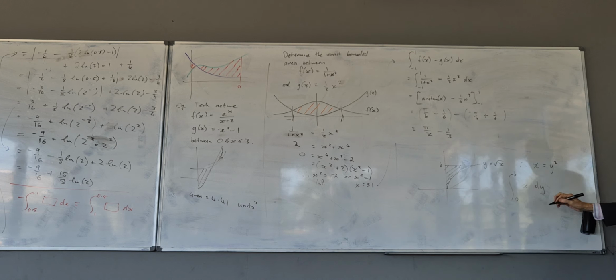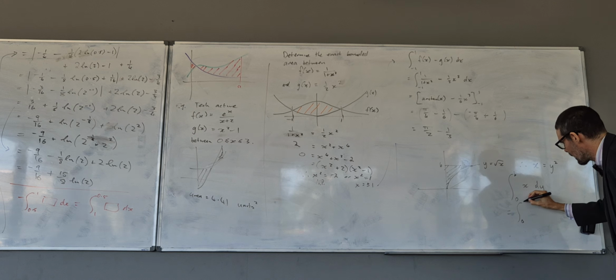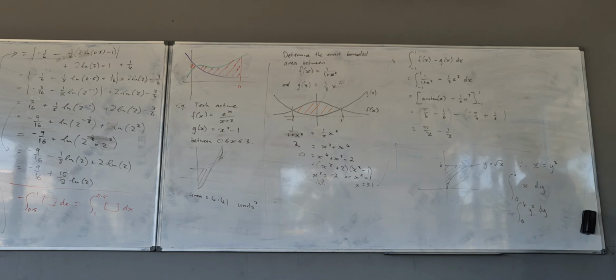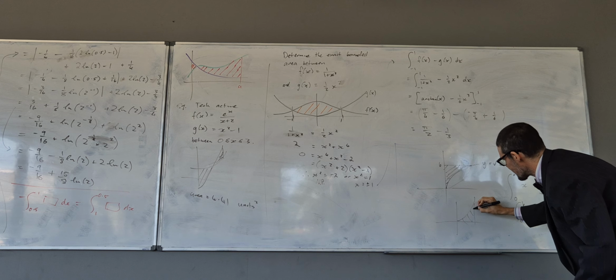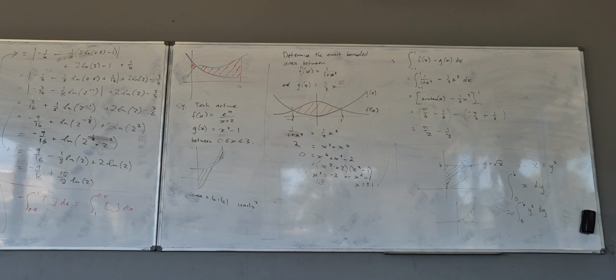Just flip the variable. Integral from 0 to b of y squared dy. Just swap variables. Effectively, you're going, let me find this area instead. So you can do it either way, whichever you prefer.